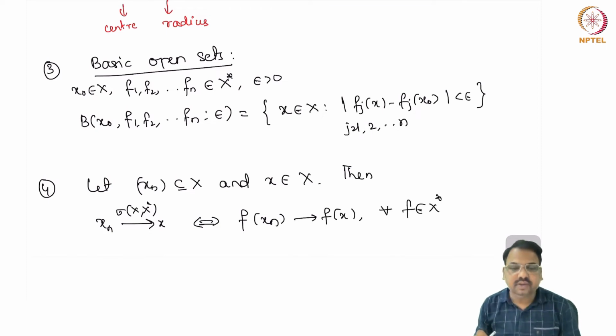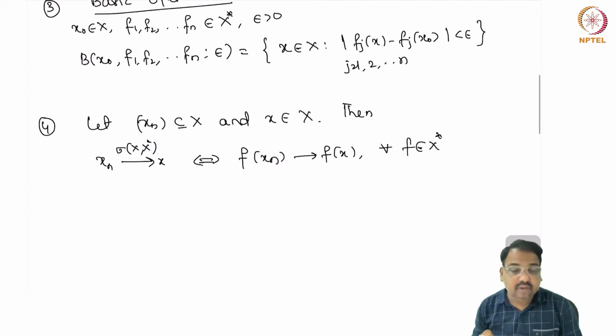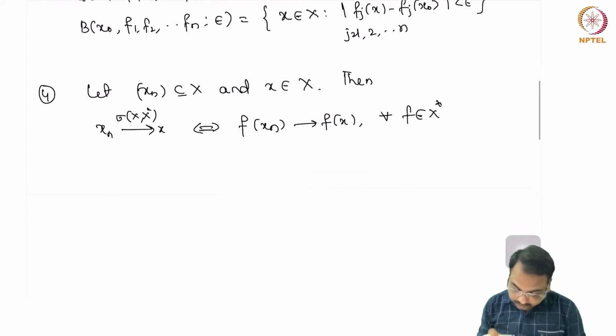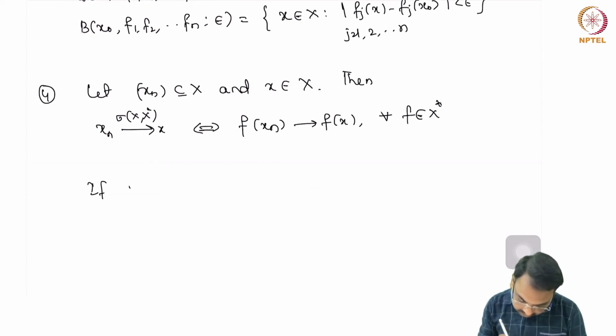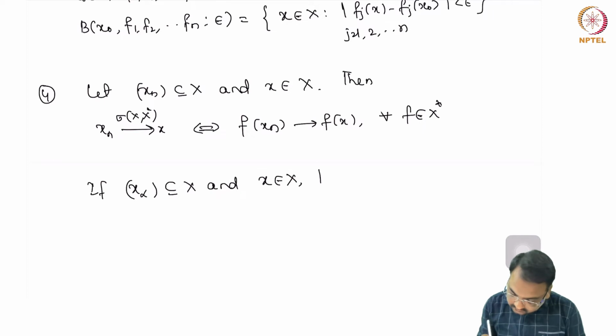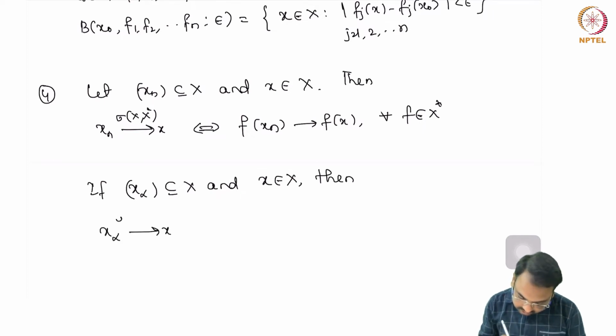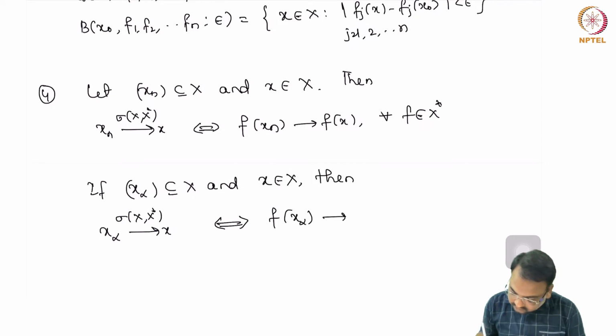So this can be easily shown using the definition of convergence and the open sets that we have discussed earlier. Similarly, if x alpha is a net in X and x is in X, then we can say that x alpha converges to x in this topology if and only if f of x alpha converges to f of x for every f in X star.